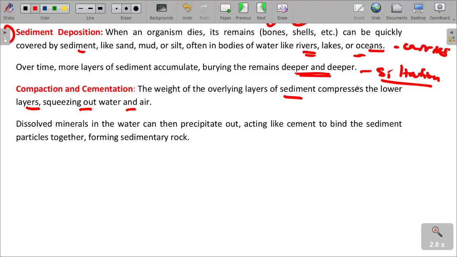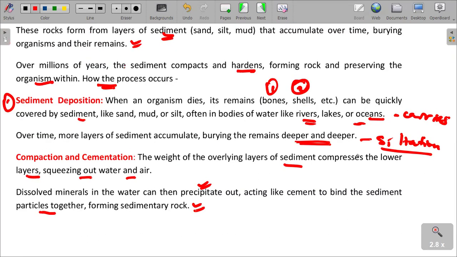Dissolved minerals in the water can then precipitate out, acting like cement to bind the sediment particles together, forming what? The sedimentary rock.